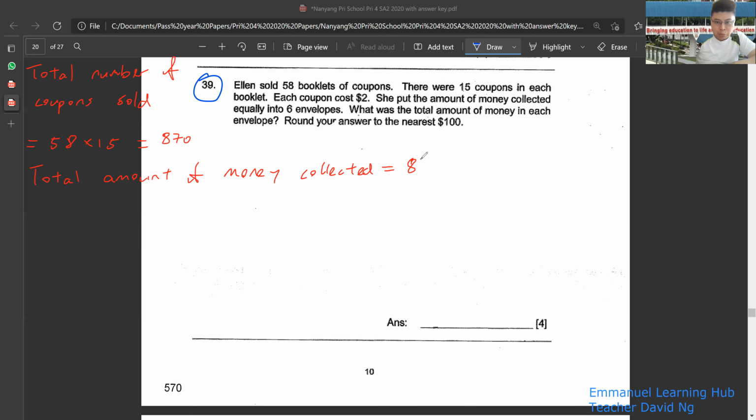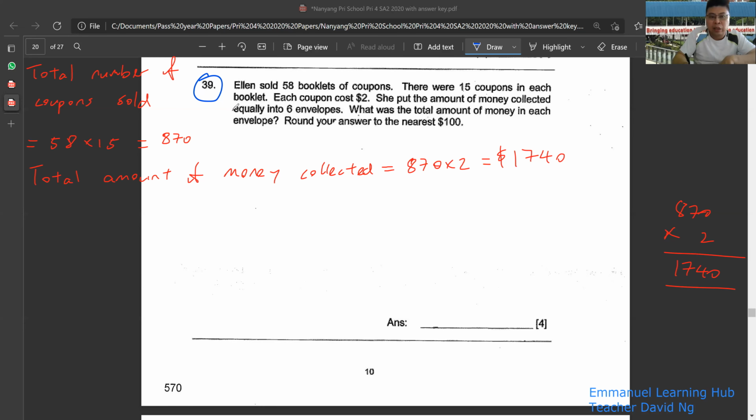Same thing, you're going to do a working, 870 times 2, which I trust you know how to do by now. Then you would get 870 times 2 is 1740. You'll get this eventually. This is the amount of money collected.